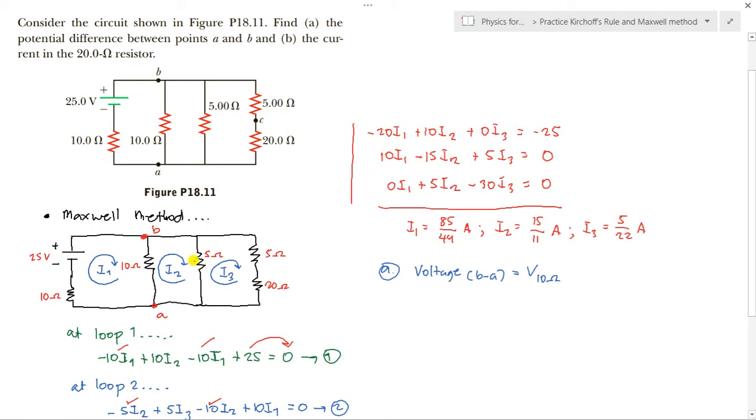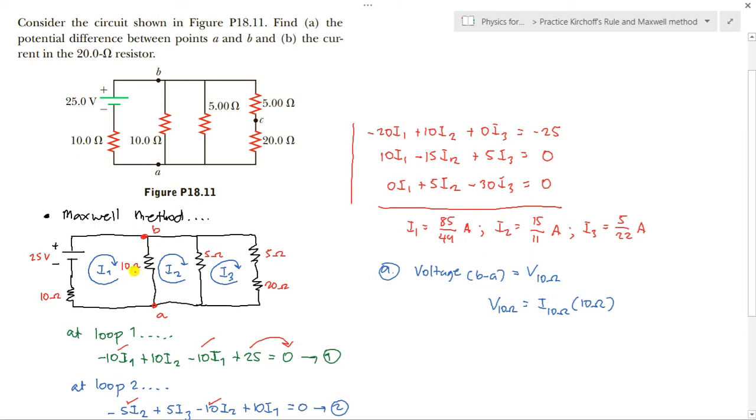So ngadto lang ko sa voltage at the 10 ohm resistor, because we all know that the voltage at the 10 ohm resistor by Ohm's law, that is just the current nga mi-pass through sa 10 ohm resistor multiplied by its resistance, that is 10 ohms. So unsa may current nga mi-pass through sa atong 10 ohm resistor class based sa atong result sa Maxwell?